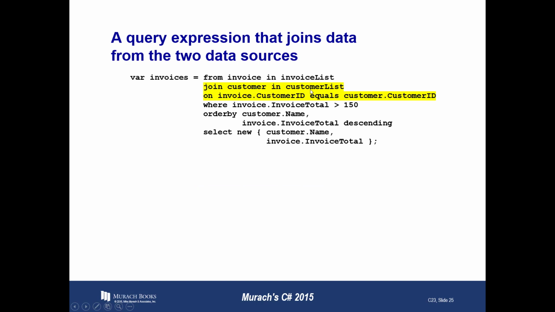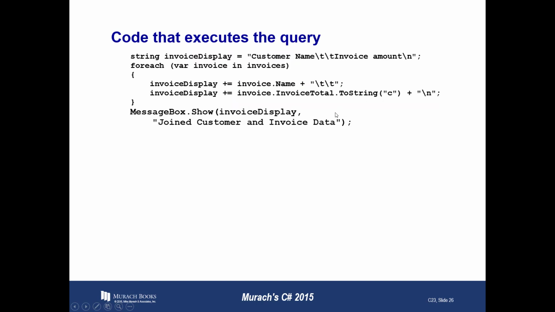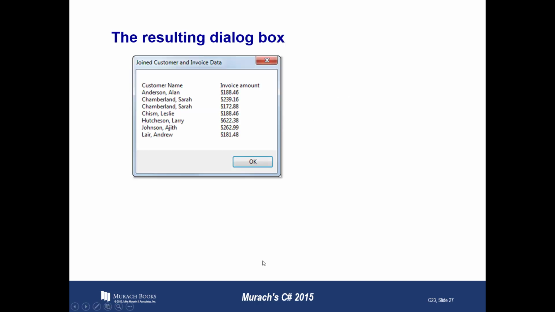And we want to join the customer on, and notice as always we have to have a field that's in common. Invoice.customerID equals, it's the word equals, not an equal sign, customer.customerID where the total is greater than 150. Here's the code, as mentioned, that executes that query. And here are your results.